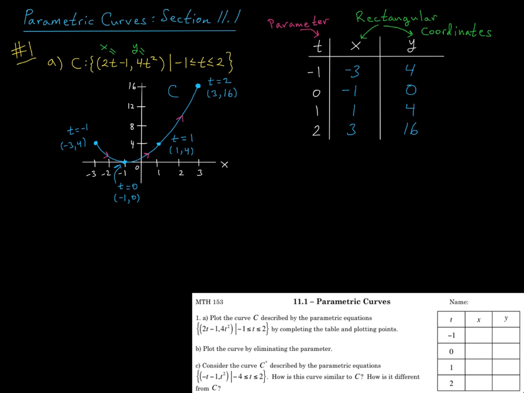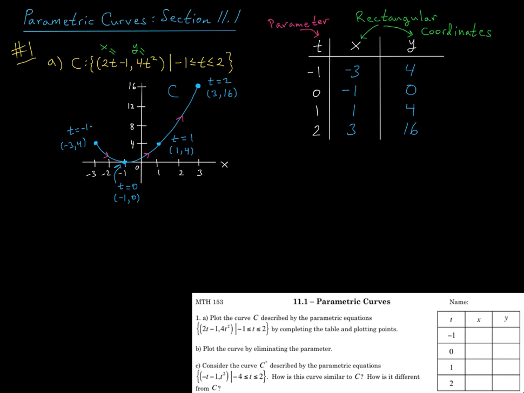Notice that I've included these arrows. These arrows indicate the direction of increasing t. You want to think about a parametric representation of a curve in a dynamic way. Think about motion of a particle along a trajectory.